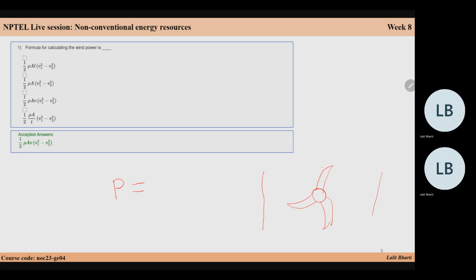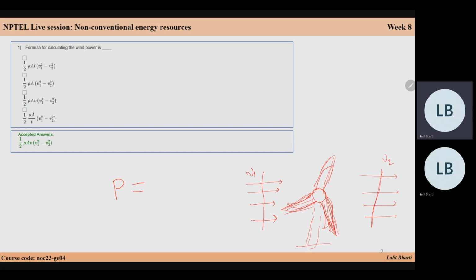We have V1 here, the velocity or speed of the wind, and V2 here. So we need to get this formula.